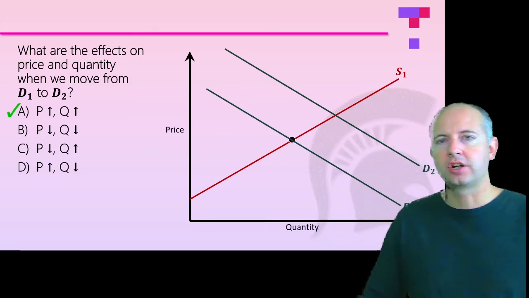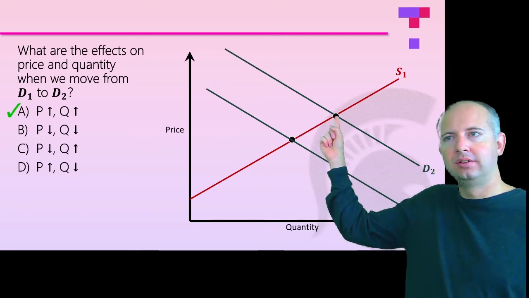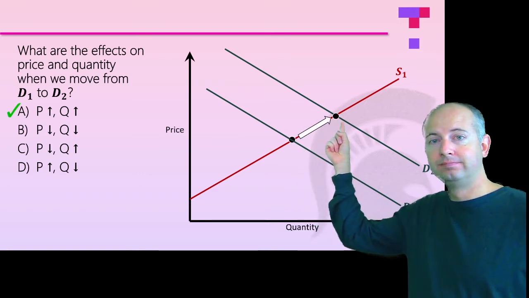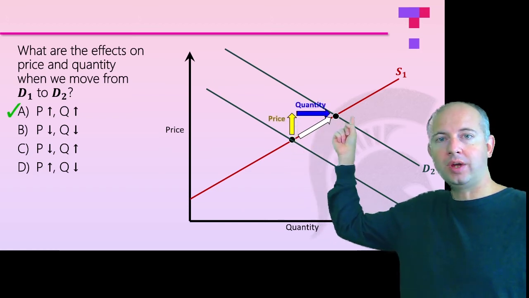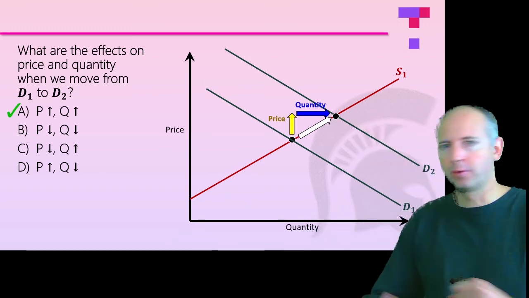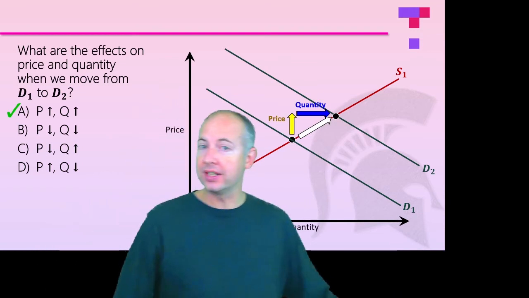How do we know? We started off here. We wind up here. So we moved up and to the right. That means that price went up and quantity went up. And again, think about it, this is why we're running an ad, right? We want more people to buy our product and we want them to be willing to pay more for it.